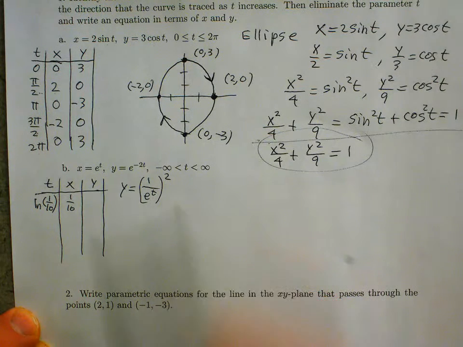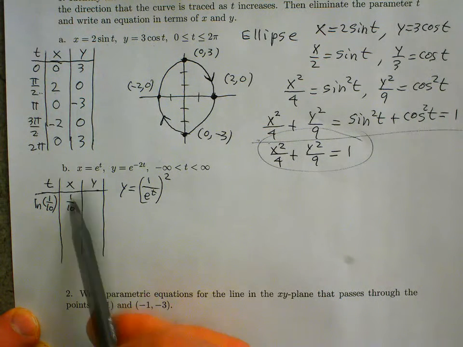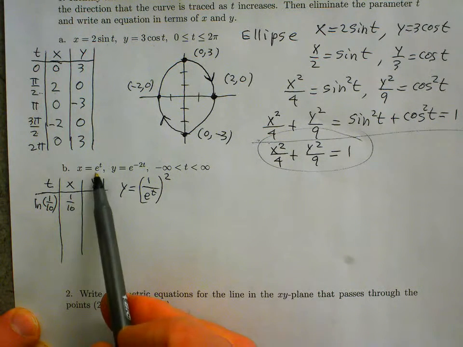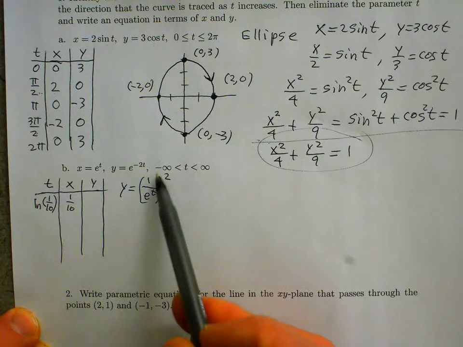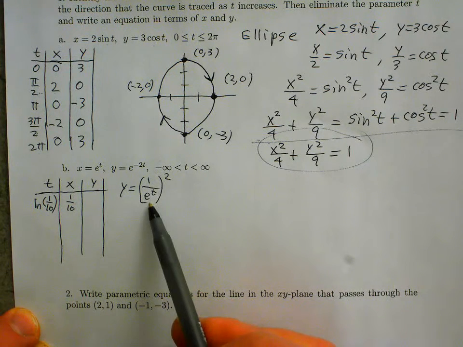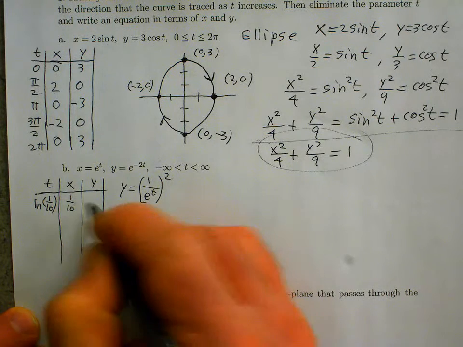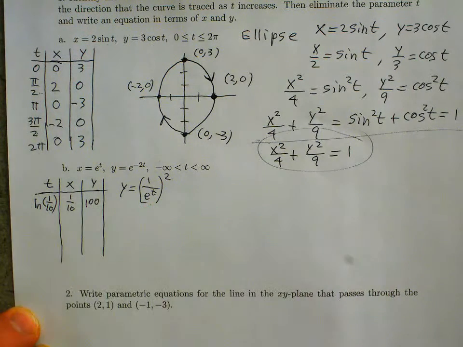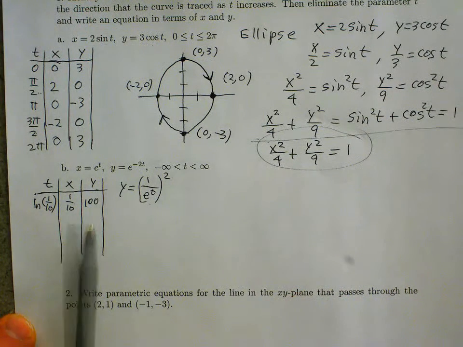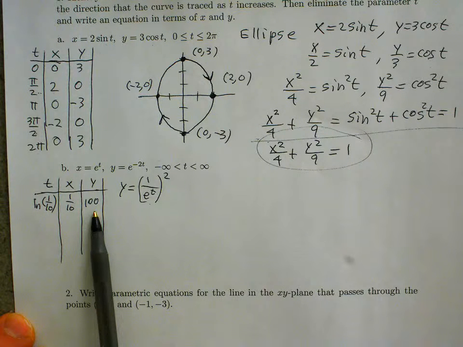But since I know that e to the t is 1/10, then 1 over 1/10 is 10, and 10 to the second is 100. So that gives us an idea. When x is small, a small positive number, 1/10, the y value is pretty big.